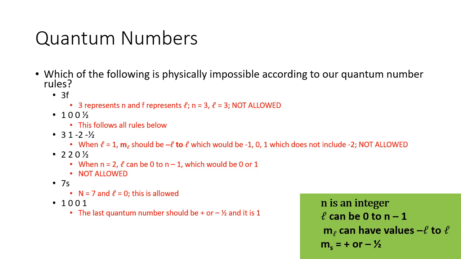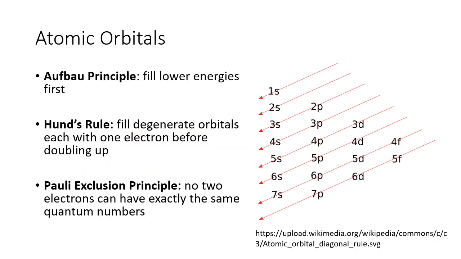When n equals 2, L can be 0 or 1. So this is not allowed. With 7s, n is equal to 7, L is equal to 0. That's fine, perfectly allowed. And finally, we have 1, 0, 0, 1. That last quantum number should be plus or minus 1/2, and it's 1, so that is not allowed.